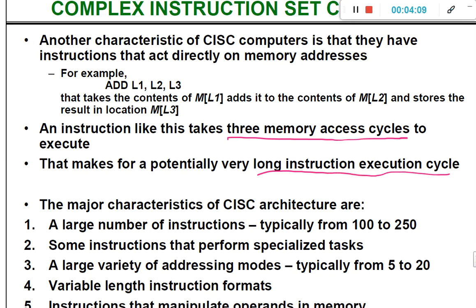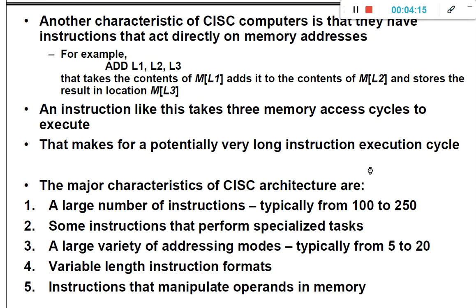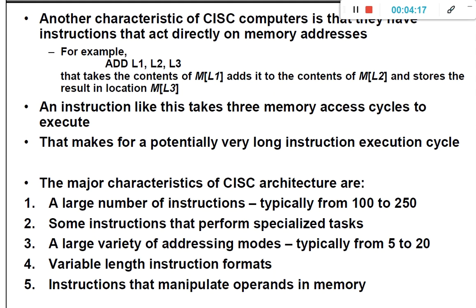Coming to the major characteristics of the CISC architecture, there will be a large number of instructions, typically from 100 to 250 instructions. Whereas in the basic computer we have seen very limited instructions.